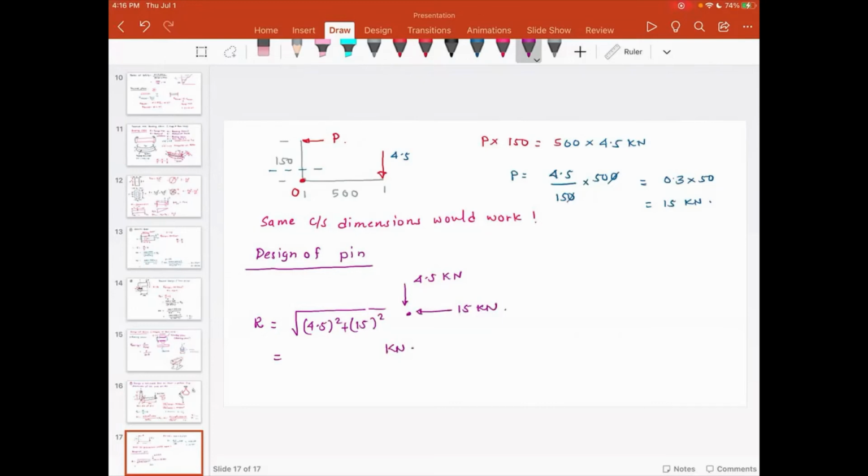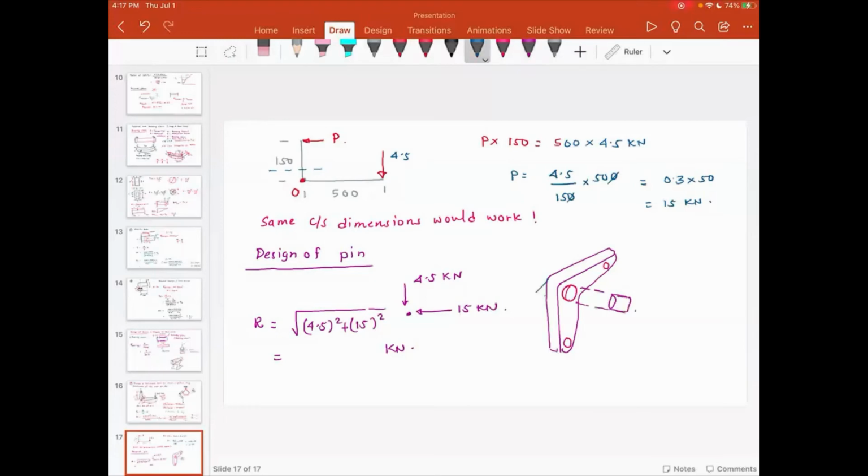And I want to look at how this pin is going to look. Let me show you the three-dimensional view of this bell crank lever. So we have a hole here, this big hole here. This pin is going to go through this central hole.